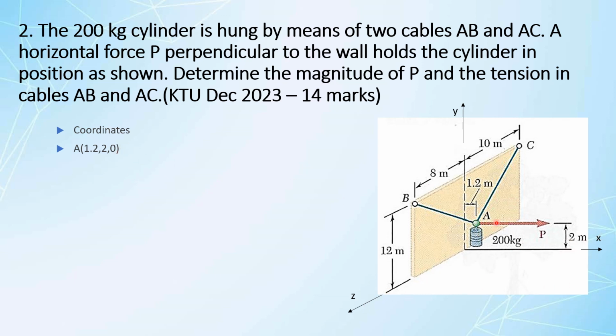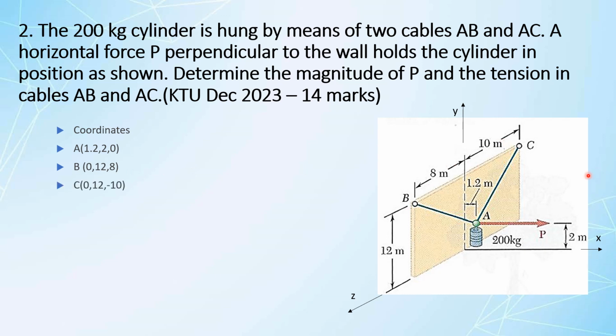And parallel to the z-axis there is no distance, so the z coordinate is 0. Now we'll discuss the coordinates of point B. For B there is no distance marked in the x direction, so it is 0. In the y direction you have a distance of 12, so plus 12, and in the z direction you have 8 meters, so the z coordinate is 8.